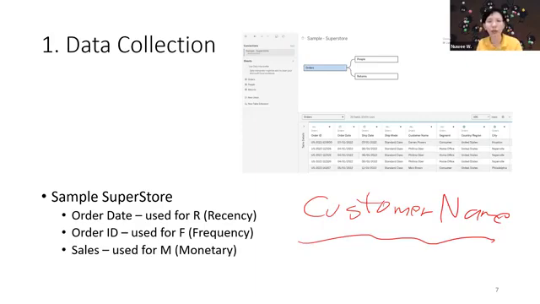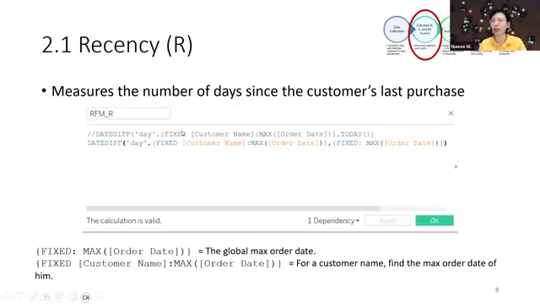Okay, now we will create the metrics, the raw metrics. First, recency. What is recency? Recency needs to calculate the number of days since each customer's last purchase, right? So we will use one thing that we haven't talked about before with Tableau, which is called level of detail.